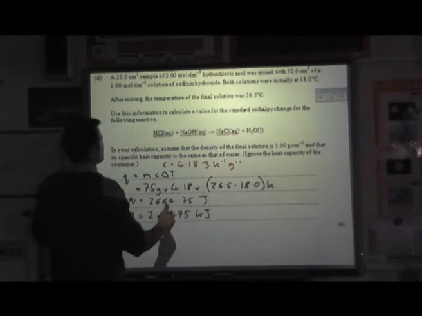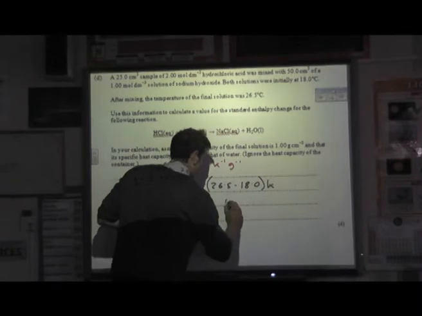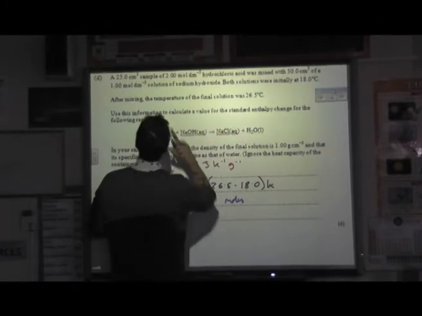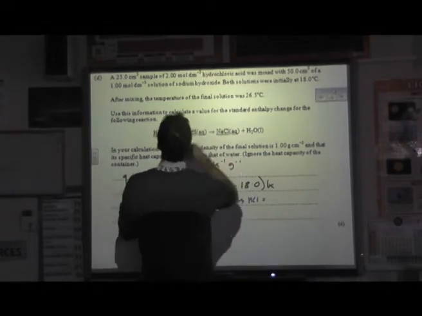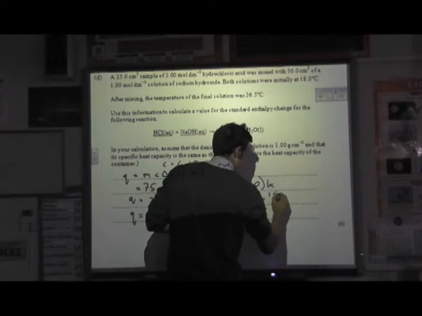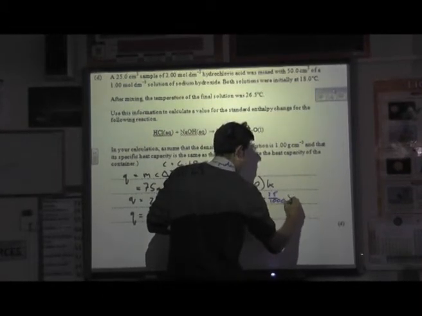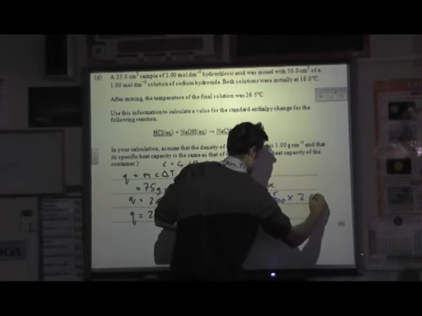Okay, so moles here, we have volume and concentration. So let's do it here in a different pen. Moles of HCl equals the volume, which is 25, divided by 1,000 because I want to get it into decimeter cubed. Volume times concentration, which is 2.00.